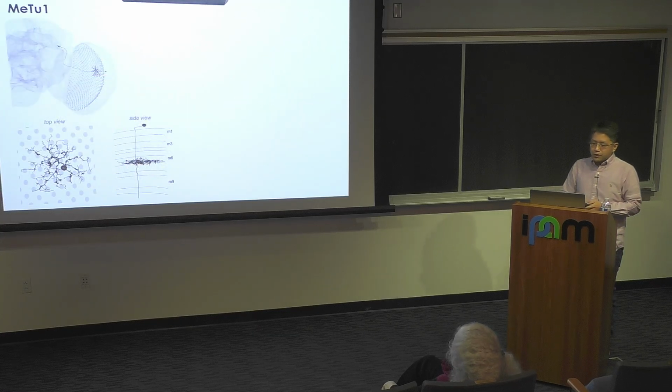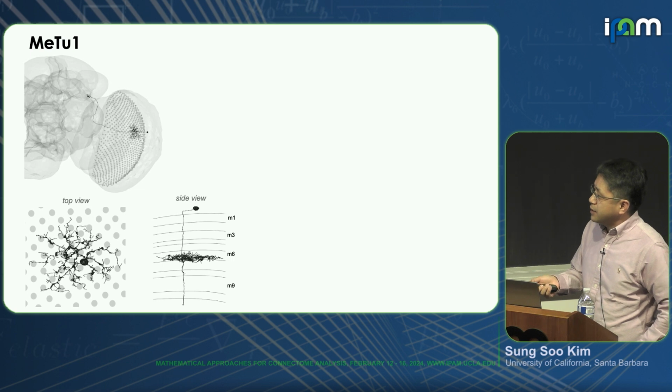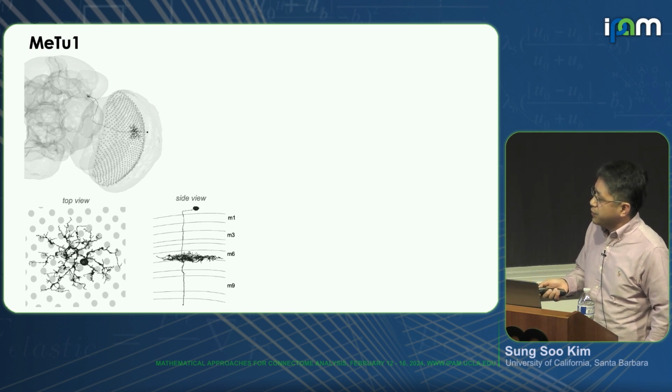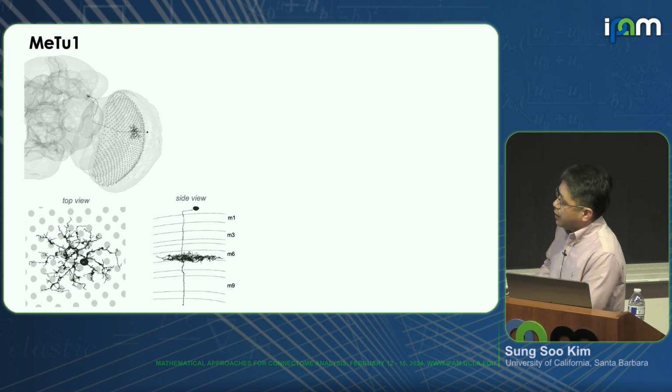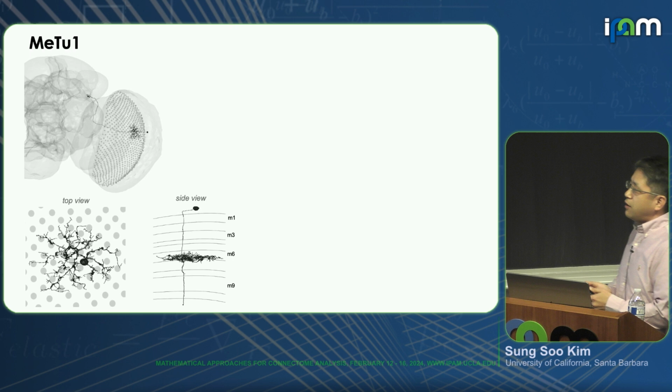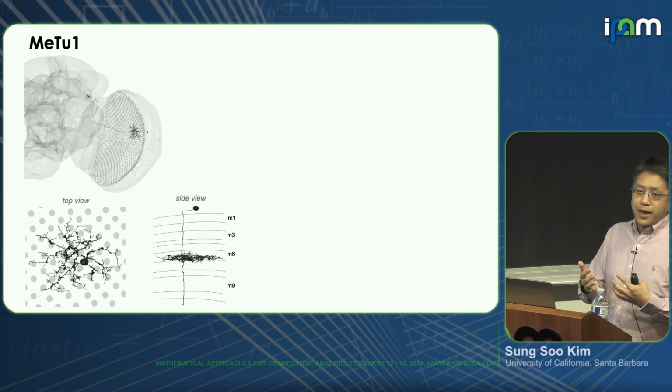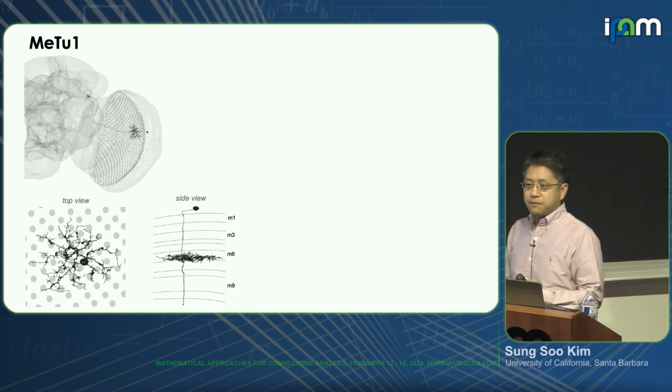So this figure shows a single Me-Tu 1 neuron, and this is the top-down view of the single Me-Tu 1 neuron, and this is a side view in the medulla layer. And these gray circles represent columns in the medulla. And each column, you can consider it as a kind of pixel of the fly.